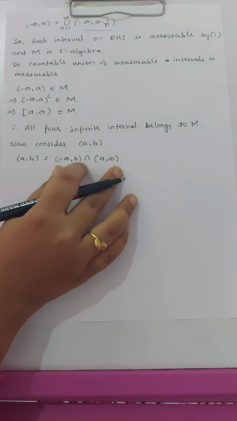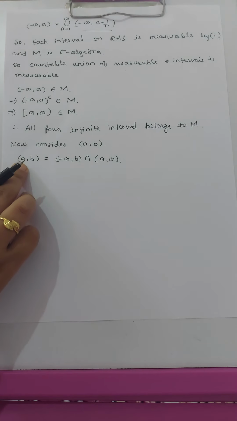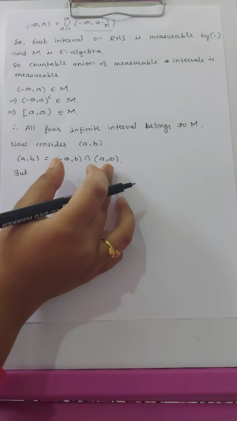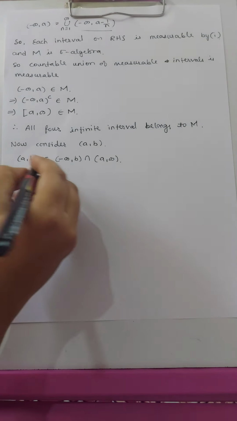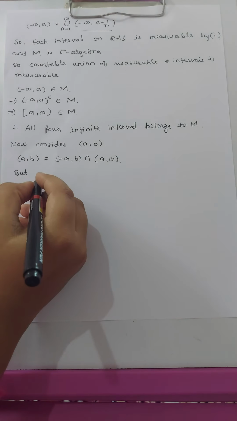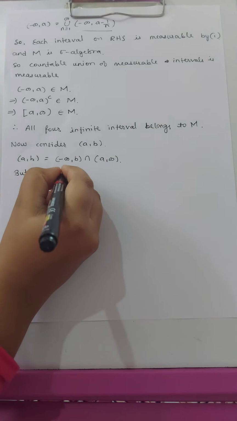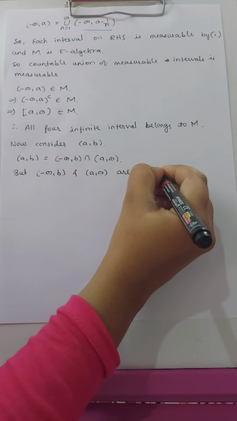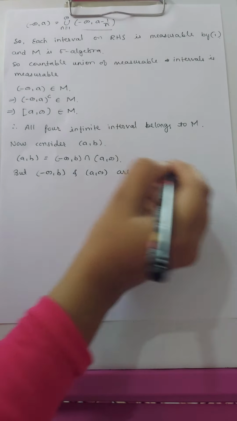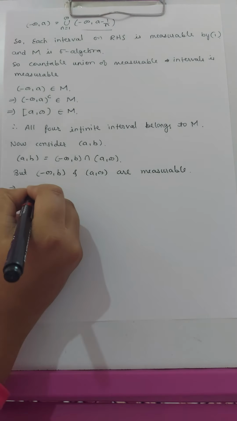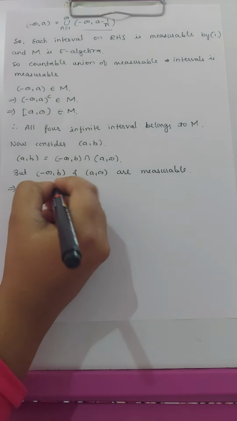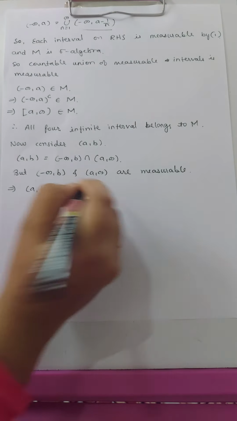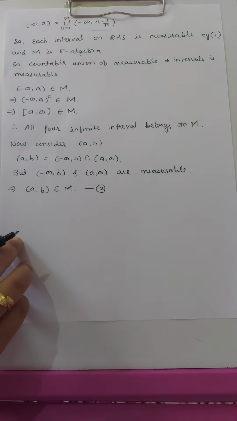These are 2 infinite intervals, and the intersection of these 2 intervals is finite, but we know that these 2 intervals belong to M, that is, these 2 open intervals are measurable, since (minus infinity, b) and (a, infinity) are measurable. So this implies that the LHS, that is this interval (a, b), is also measurable. It belongs to M. That is, a finite interval is also measurable.